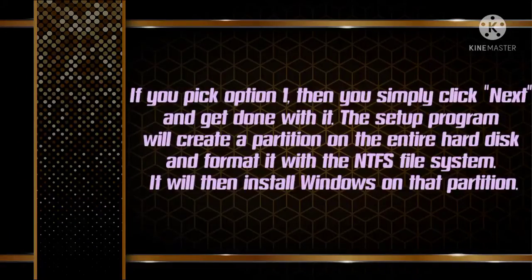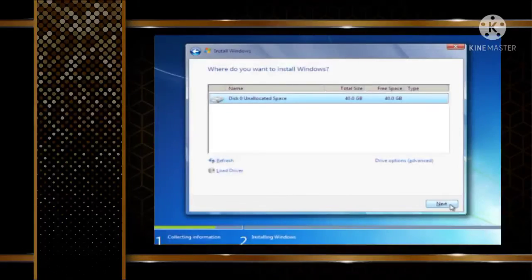If you pick option 1, then you simply click Next and get done with it. The setup program will create a partition on the entire hard disk and format it with the NTFS file system. It will then install Windows on that partition. So you can see the photos.